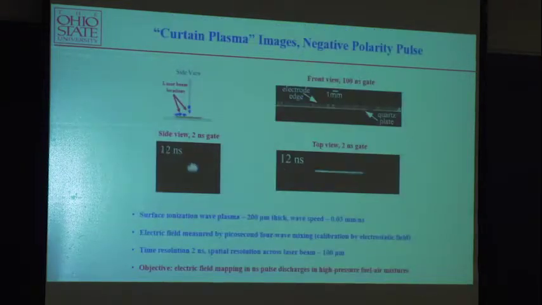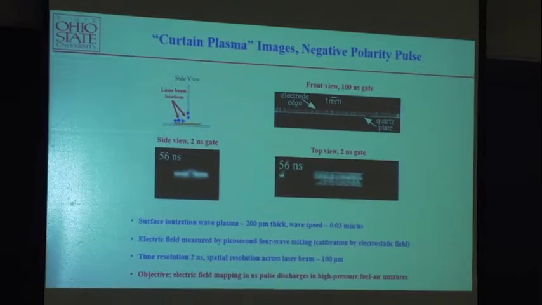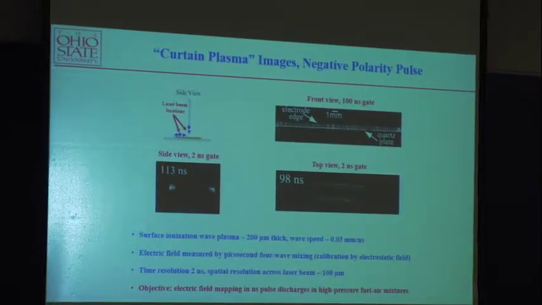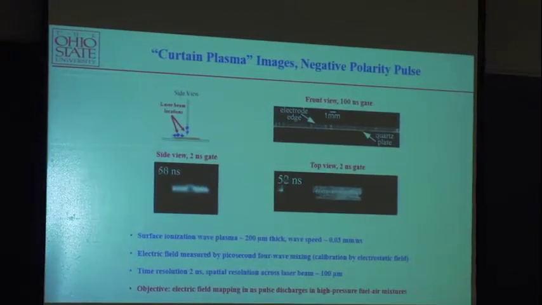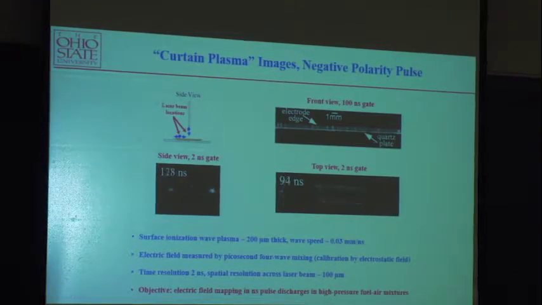So this video basically shows how the plasma generates. If you look at the side view, which is the view in a direction parallel to the surface of the knife edge, you can see that the plasma is generated and then propagates to both sides of the edge.